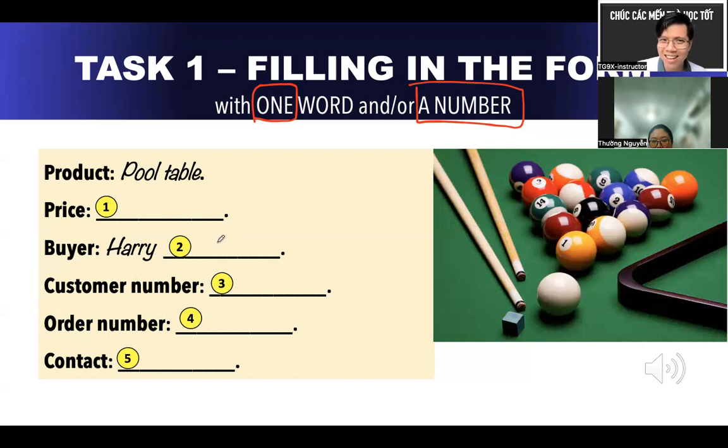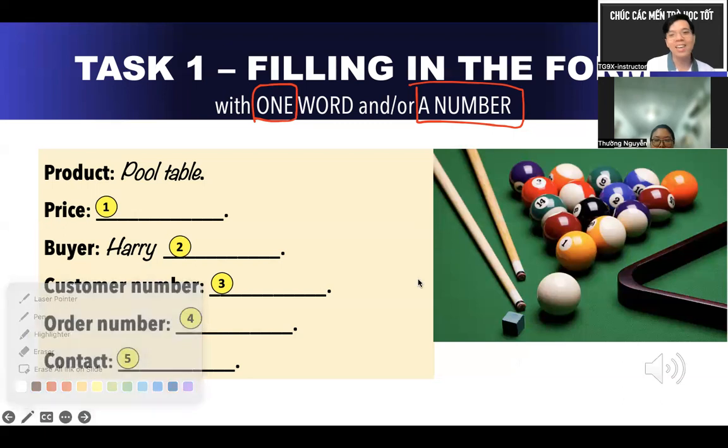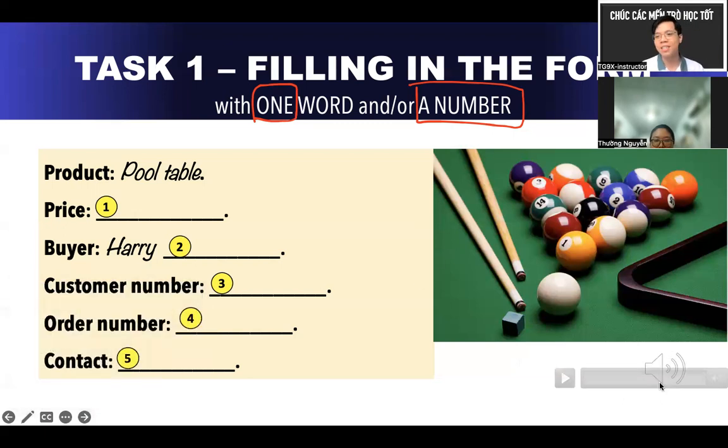You know what I mean? You will not hear it in order. So you need to listen very carefully. So now, are you ready? Ready, class? Are you ready? Yes. Yeah, now listen. Okay, so this is just task 1. It's very easy. Let's go.